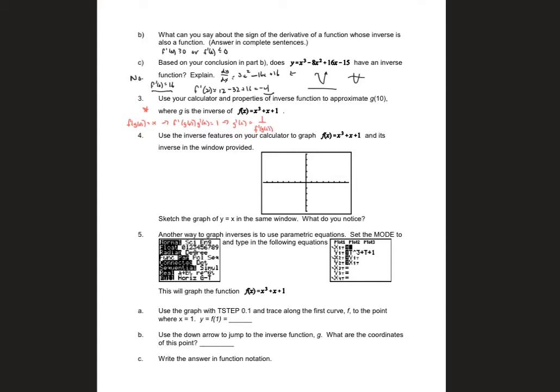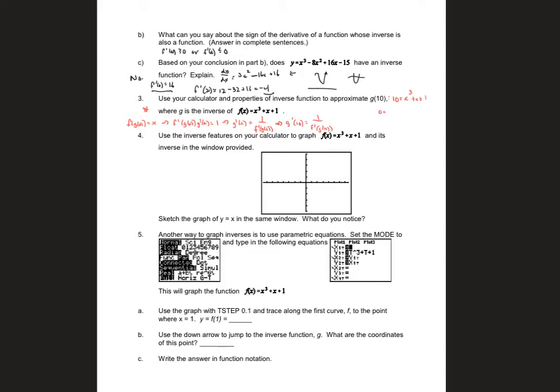And we want to find g prime of 10, which means we want 1 over f prime of g of 10. And remember, this is the hard part, is finding what is g of 10. So to find g of 10, we're going to make 10 equal to x cubed plus x plus 1.